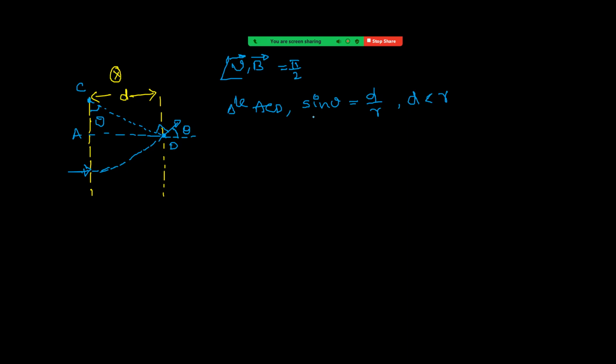Let us see if d is not less than R. If d is greater than R, or d is equal to R. I am repeating, the previous was for d less than R. Let us focus on d either equal to R or d greater than R. I am taking the condition d is equal to R. See carefully.